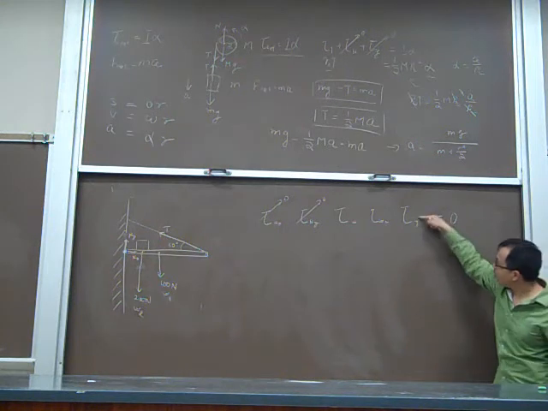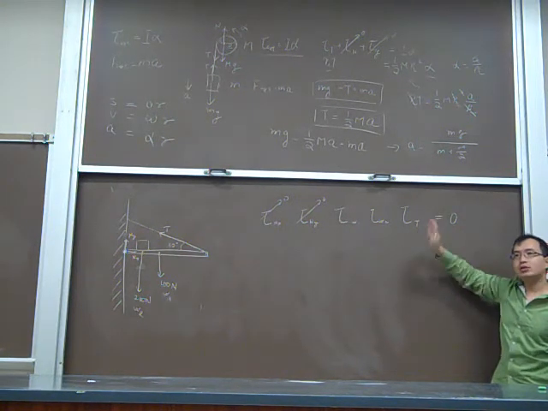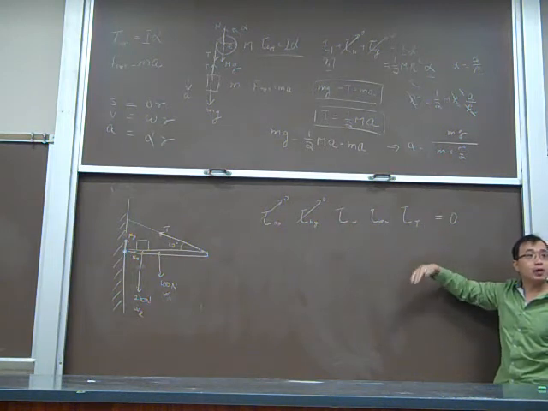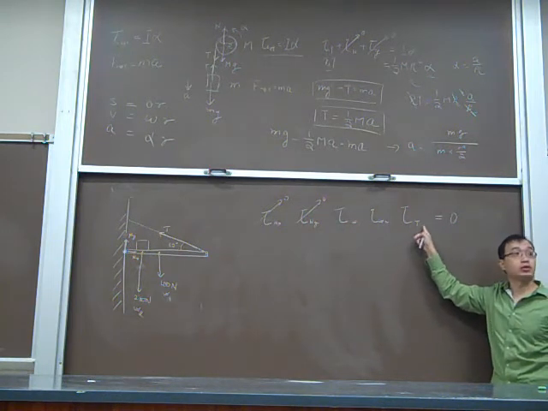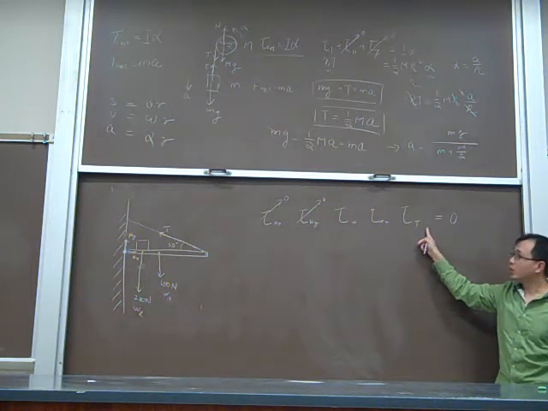So in this equation, you have only one unknown force, T. So without help from other equations, you can directly solve for T from this equation. That's a good thing.